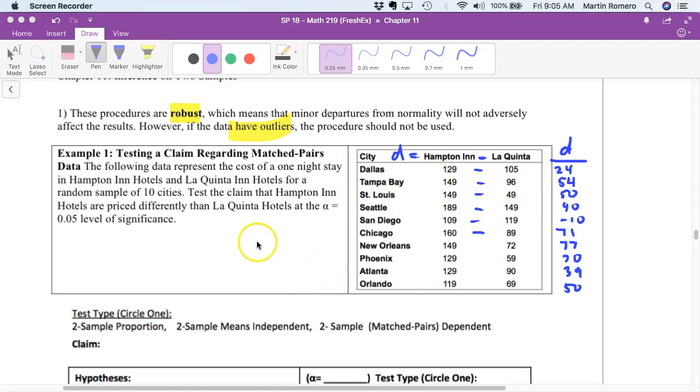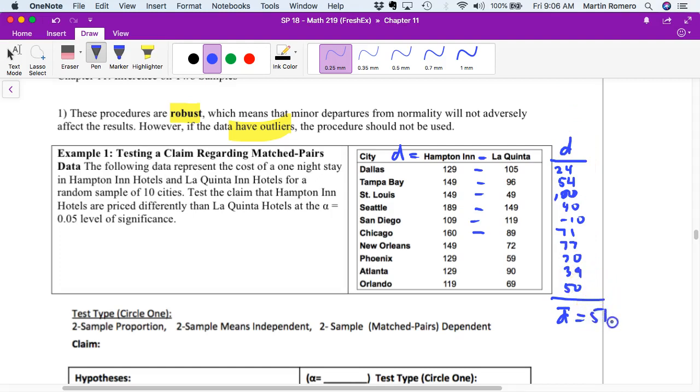The mathematics that gets done is you actually find the differences between them. I have one value that's off here, this is 100. You subtract the differences, add them up, and then find the mean of these differences.